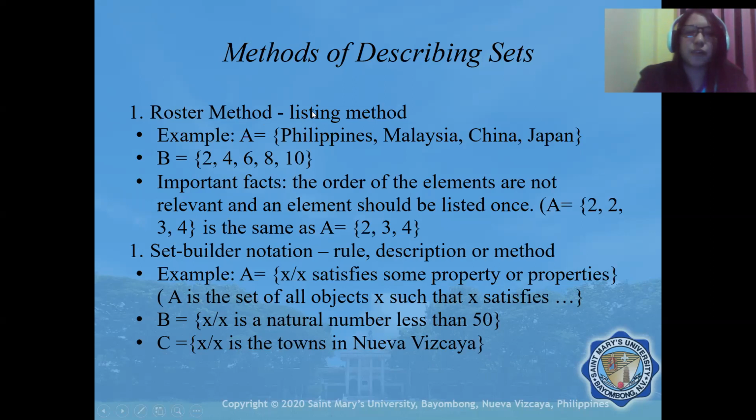For instance, for our country set A, which is Philippines, Malaysia, China, Japan, we cannot just simply place dot, dot, dot, or an ellipsis that represents other countries, especially if the properties or the method or the rule is not clear. Unlike in set builder notation, we can definitely identify whether something belongs or does not belong to the given set.